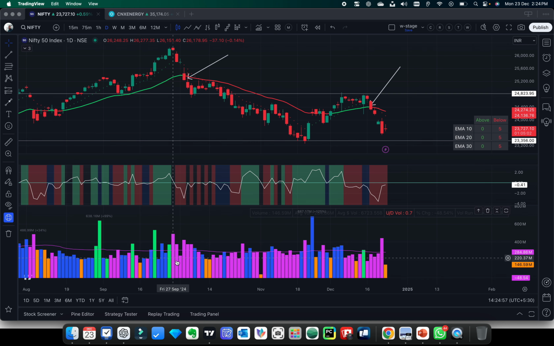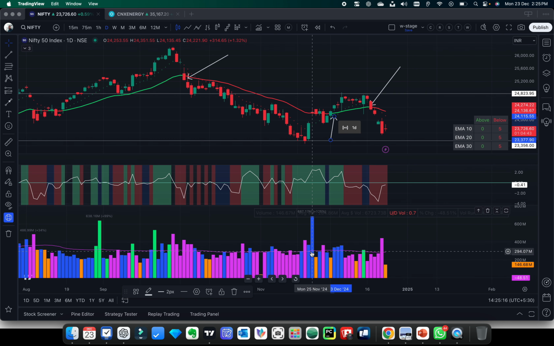Okay, and afterwards you see the volume is very huge on the downside. Whenever there was a breakout here, there is a green volume. So now from here onwards you see there is a huge green volume, and which is above the moving average. But then again there is a breakdown here, and the huge volume has increased.